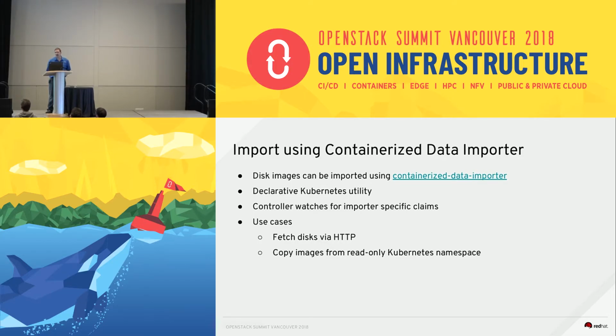The two use cases that we've identified at this point are either to download an image, for instance, just a URL, so that you can obtain an image and just insert it directly into a virtual machine and go. Or we have the notion of copying an image from a read-only Kubernetes namespace.